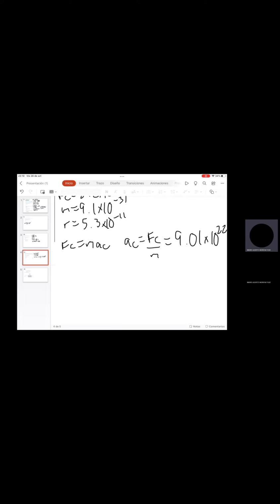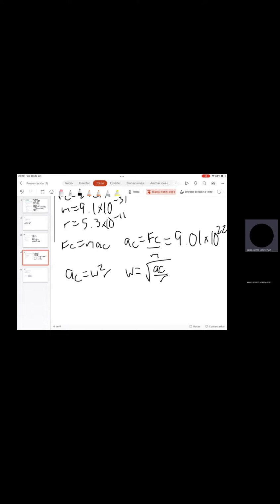Now we know that acceleration can be represented by this, and we want to know W in order to search for the frequency. So we will get the square root of acceleration over radius.